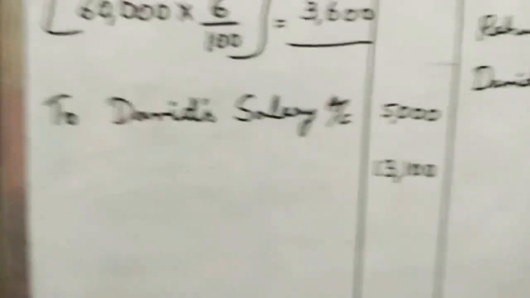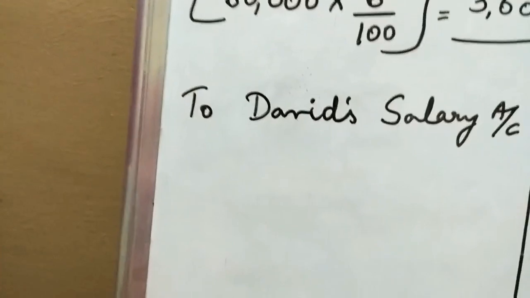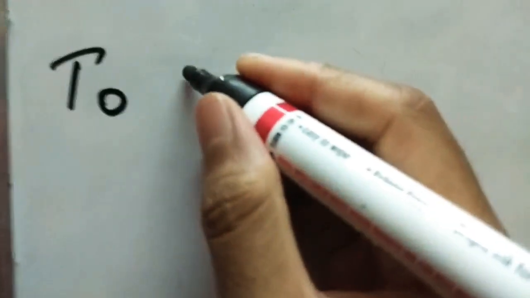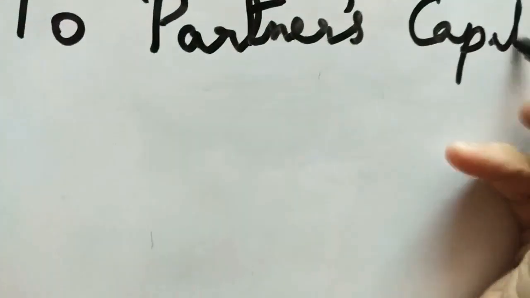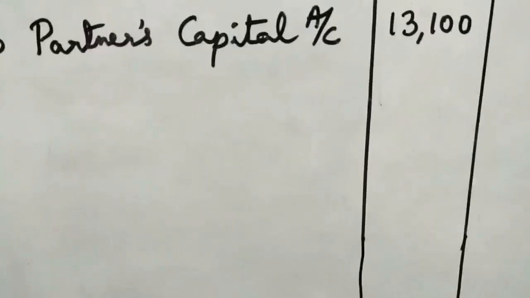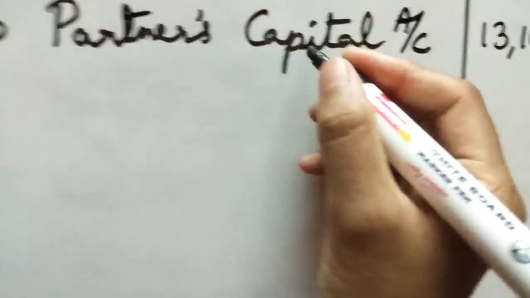So this 13,100 has to be transferred to partners' capital account. So how are we going to transfer this 13,100? Based on their profit and loss distribution ratio.